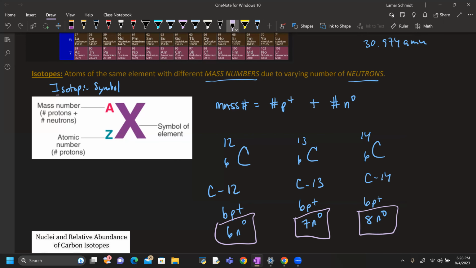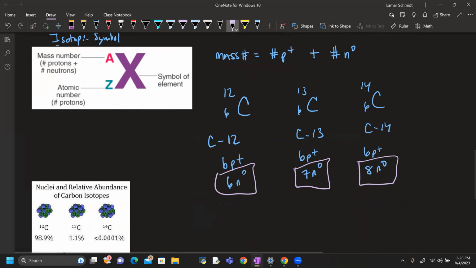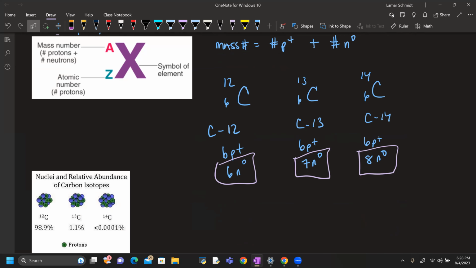In order to be isotopes of one another, they all have to be carbon, so they all have to have 6 protons. So this gets us to how we come up with the average atomic mass or the relative mass.